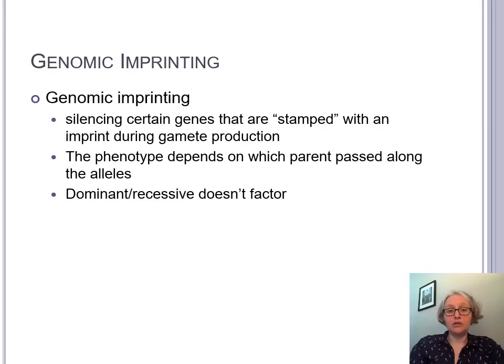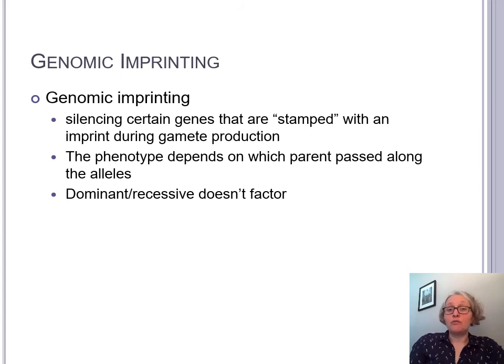Let's begin by looking at genomic imprinting. In genomic imprinting, certain genes get stamped with an imprint during gamete production. What you look like, or the phenotype of the individual, simply depends on which parent passed along the allele. No longer do dominant and recessive factor in.